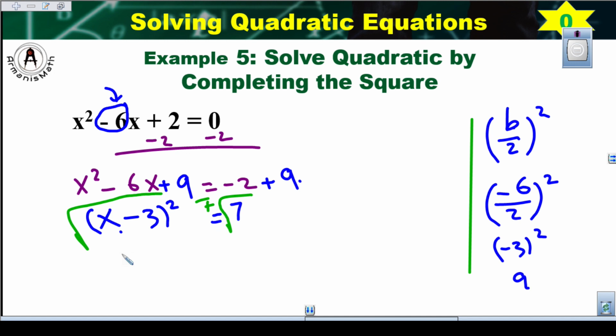So now you have x minus 3 equals plus or minus square root of 7, and then you add the 3, x equals 3 plus and minus square root of 7, which is again 2 solutions, and this is what I'm expecting to see, 2 solutions, since I have a quadratic.